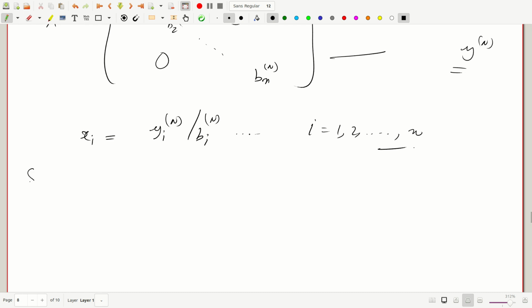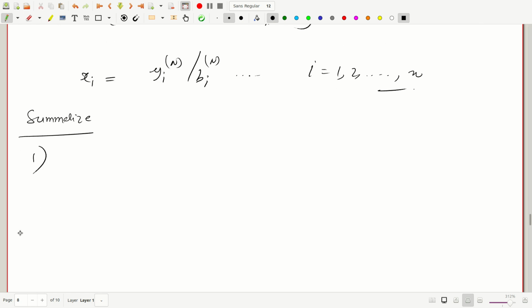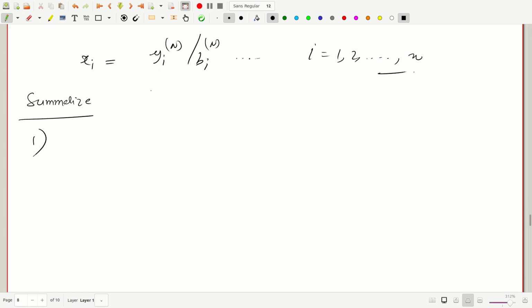So let me summarize. In this recursive doubling process, we have two steps. One is the elimination step.